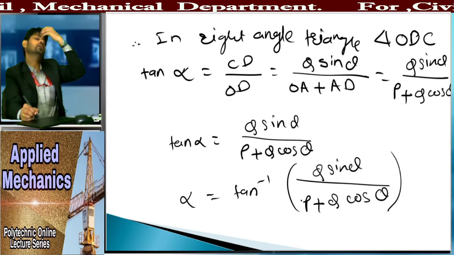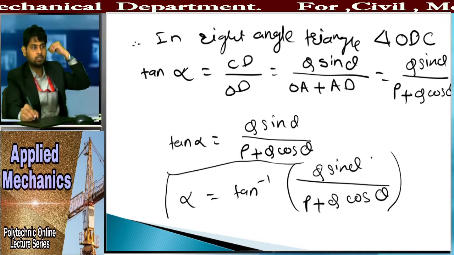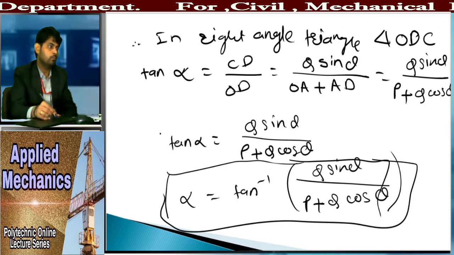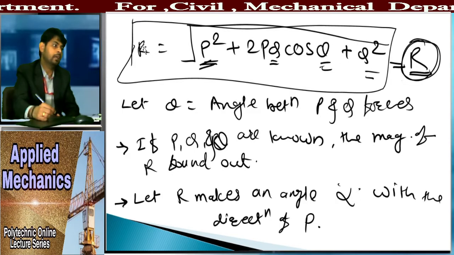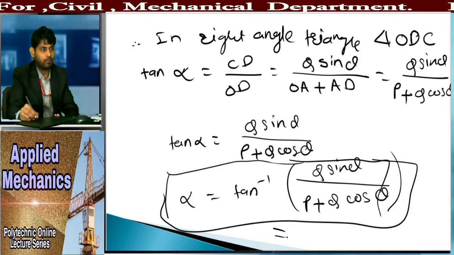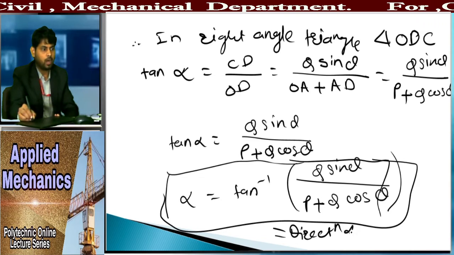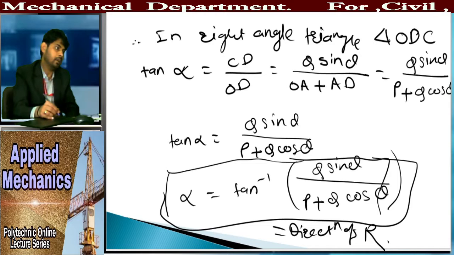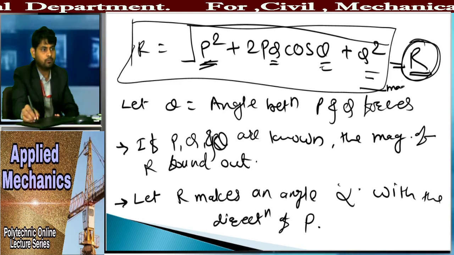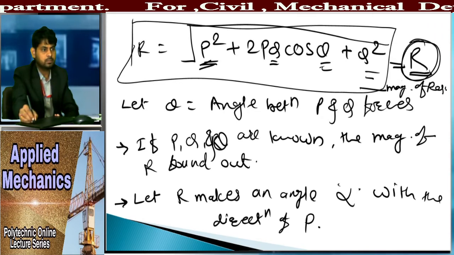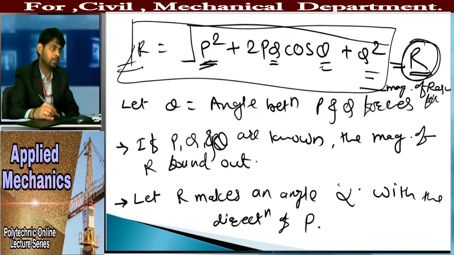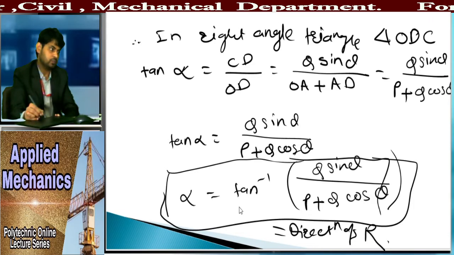So this is the direction of the force. From R we can find the magnitude of the resultant of forces, and from alpha we can find the direction in which the resultant is applied. This equation is for finding the resultant, and this one is for finding the direction.